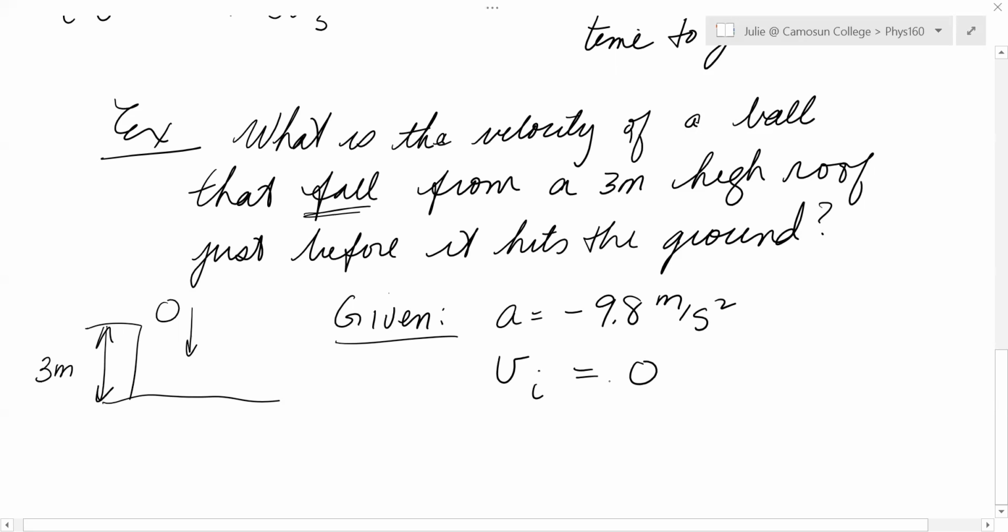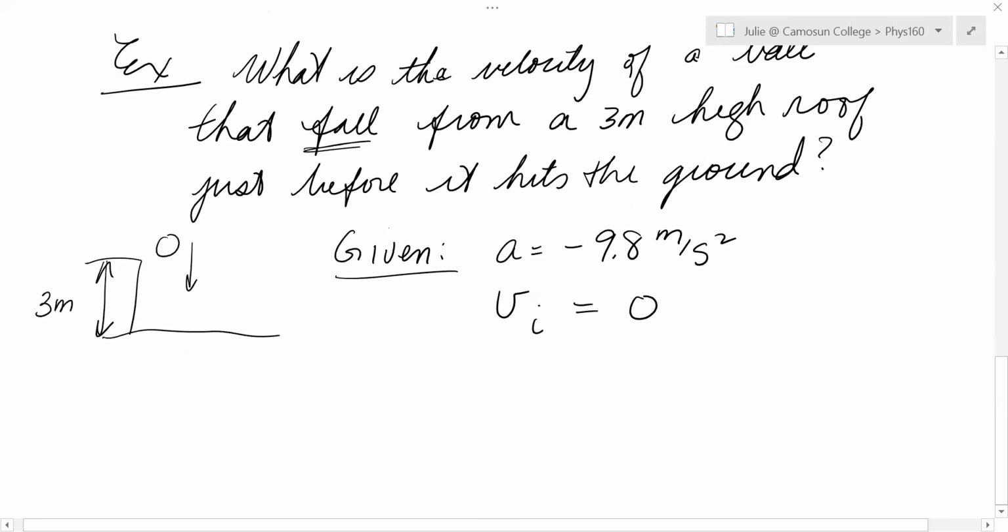Now, the third quantity, this 3 meters, you have to be careful about using that. The height from which it has fallen is 3 meters, but the displacement of the ball is down. This is negative. And often we use delta y instead of delta x for displacement if you're going up and down, because it's the y direction.